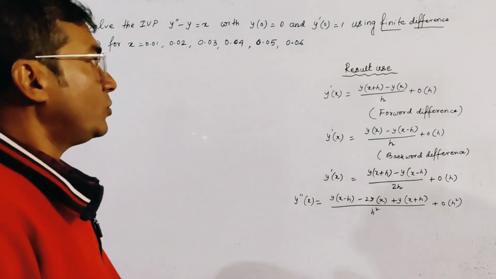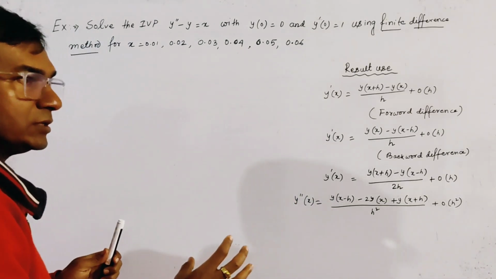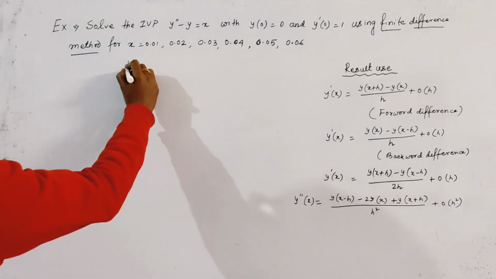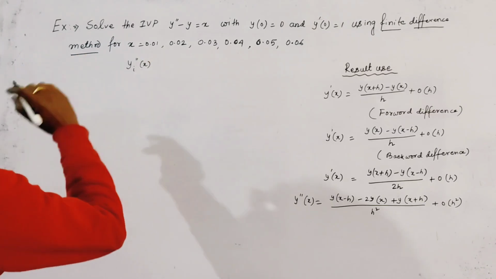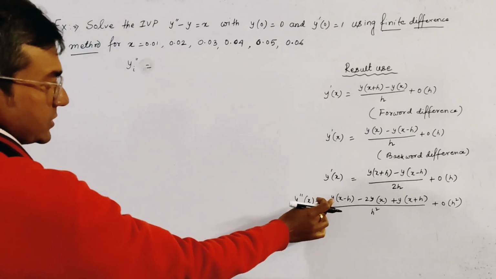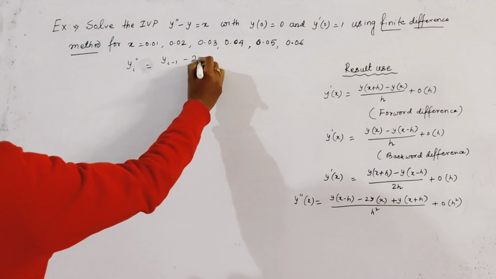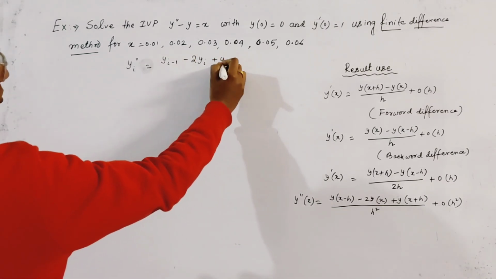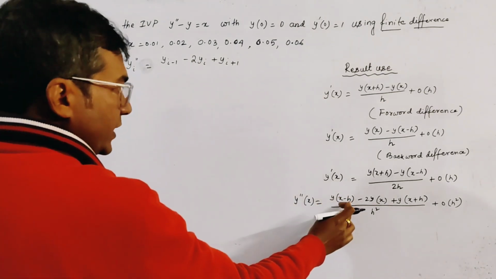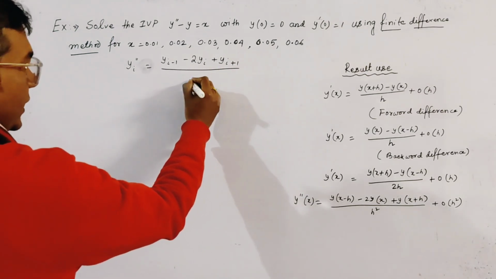Now here we write this result first by using the suffix i. So we write yi double dash, which can be written as yi minus 1 minus 2 into yi plus yi plus 1, that is, we take x equal to i and h equal to minus 1 or plus 1, by h square.